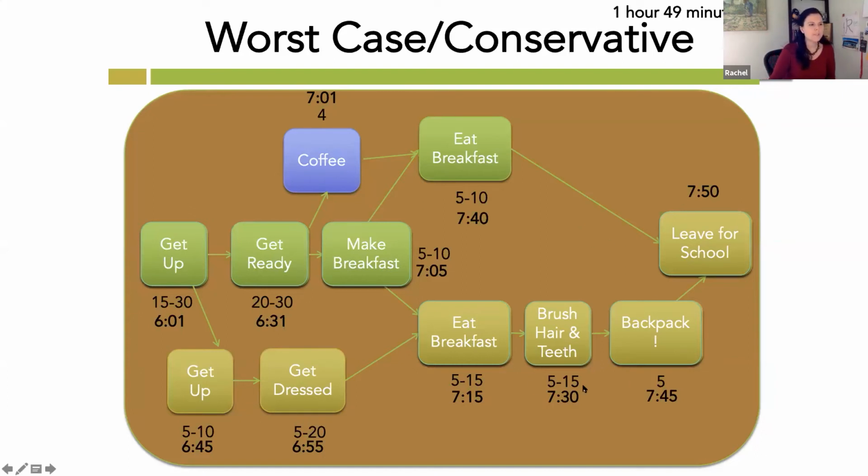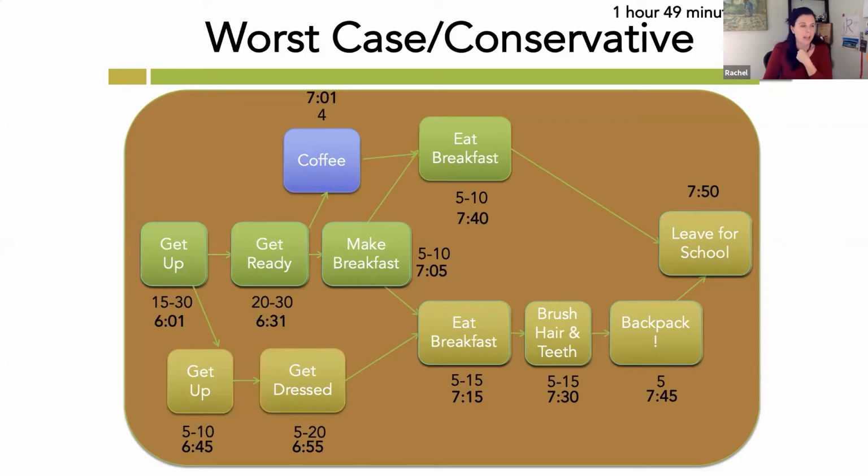So what we do is when we subtract out, then we take 7:15, we subtract 20 minutes, that's 6:55. We take 6:55, subtract 10 minutes at 6:45. That's when Alex has to get out of bed to get out the door at 7:50.